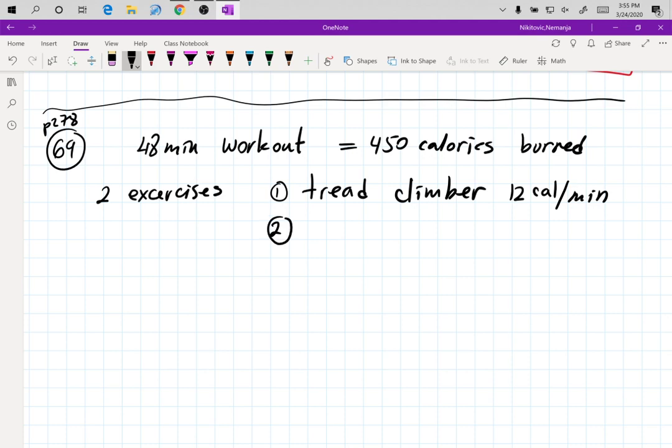Exercise number 2 is a stationary bicycle. That's the one you use and you get nowhere, right? So stationary, that one is 5 calories. See, I told you. 5 calories per minute.